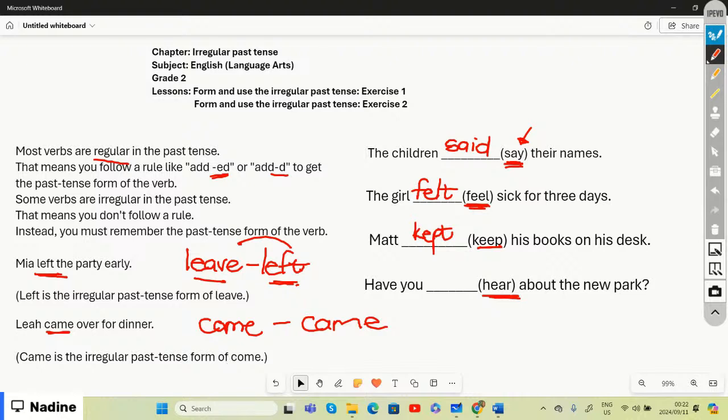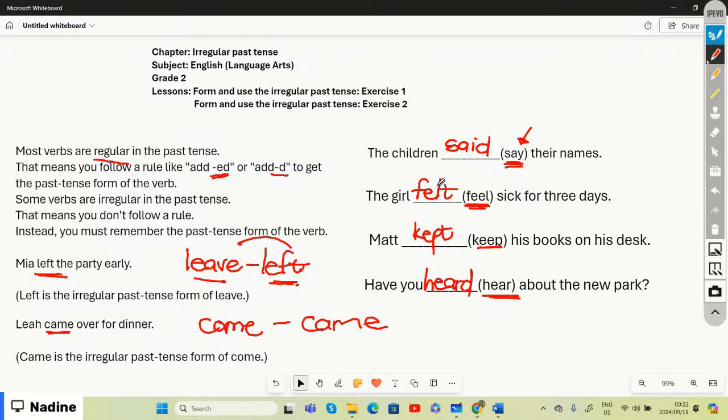When we identify the irregular past tense of the word hear, we can say, have you heard about the new park?